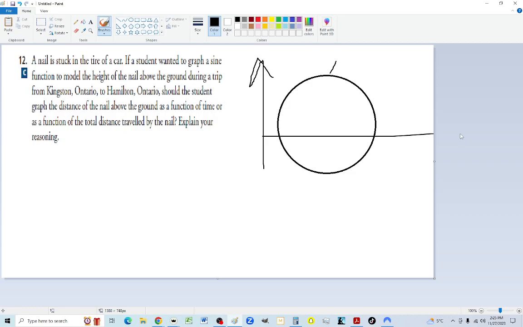I would argue that it's going to be based on distance, because for it to be based on time, you're only going to get the first period, and then you have to figure out all the subsequent periods. Also, since we're talking about height, the height should be based on the distance traveled, I believe.